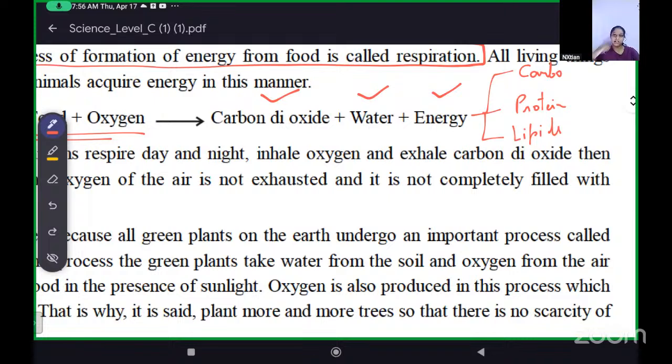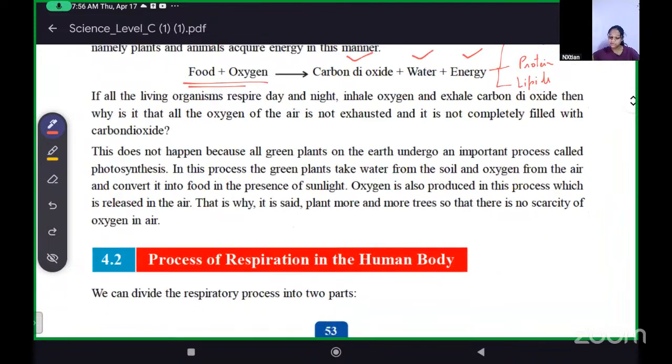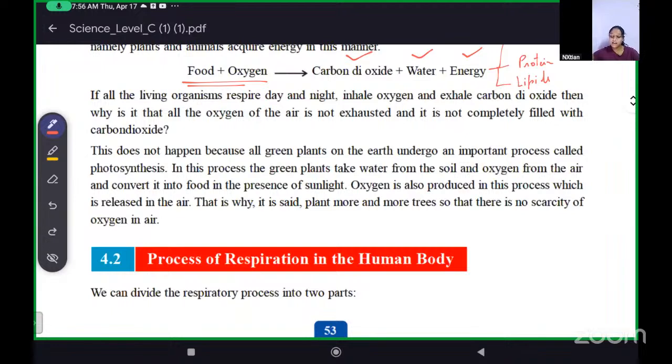Now, if all the living organisms respire day and night, inhale oxygen, exhale carbon dioxide, then why is it that all the oxygen of air is not exhausted and it is not completely filled with CO2?